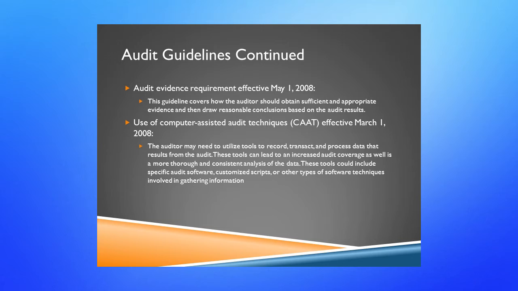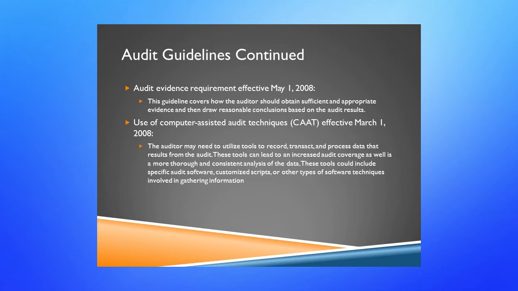The other one is CAT, the use of computer-assisted audit techniques. Now, you might need some tools to be able to record, transact, and process data that comes from an audit, especially when you think about the sheer amount of information that you might be looking at. And that's what these tools do. They help us do what we humanly can't do, which is to sift through large amounts of information.